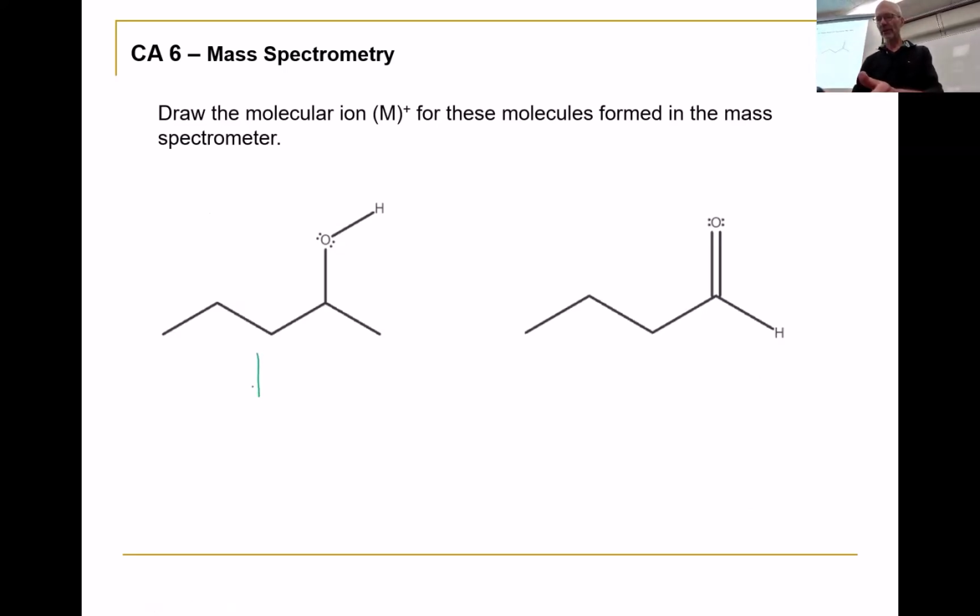I've got room downwards, and I think you do too. So what would the molecular ion look like? And if this seems really easy, I hope it is, like it's meant to be. So what would the molecular ion look like?